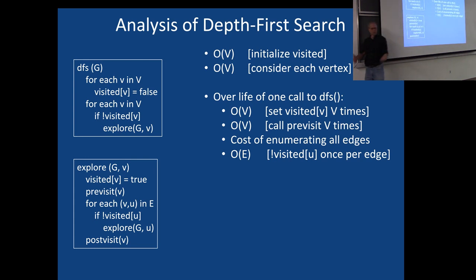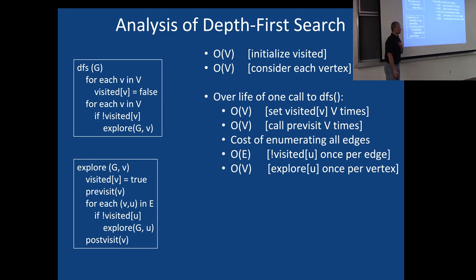But we make that many calls. And how many times is post visit called? Okay, once per vertex. Okay? So I've sort of accounted for everything.